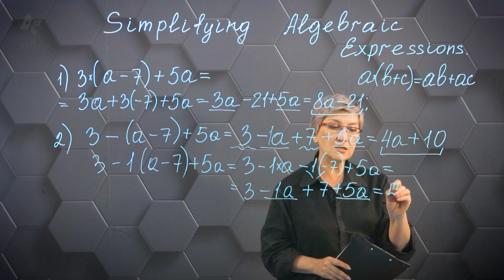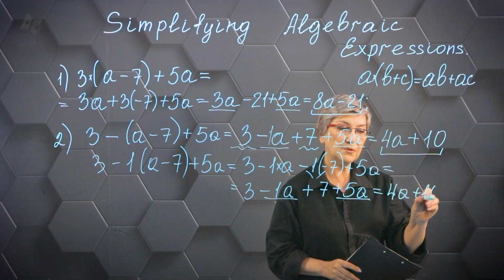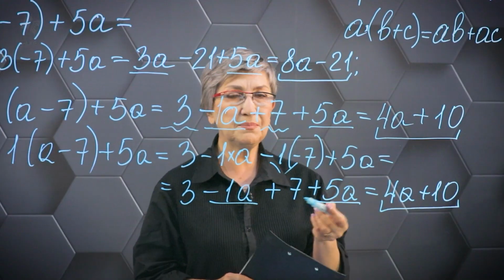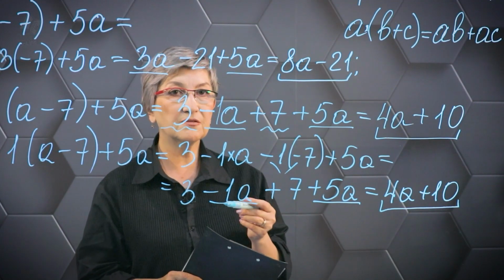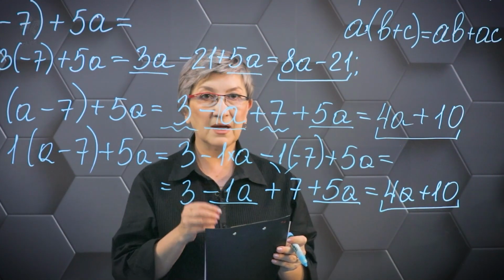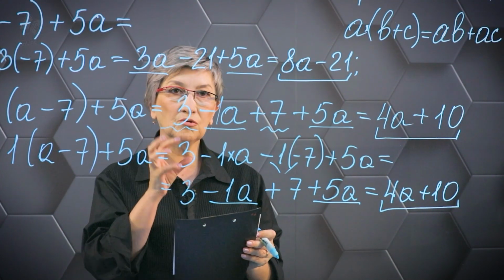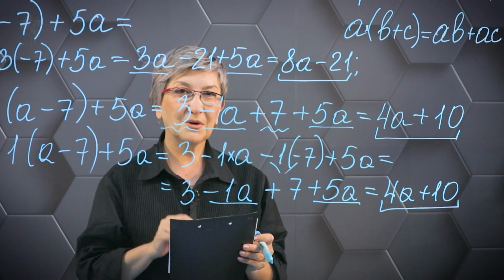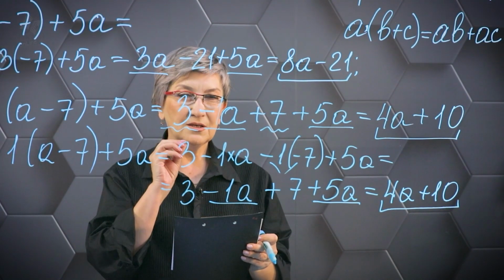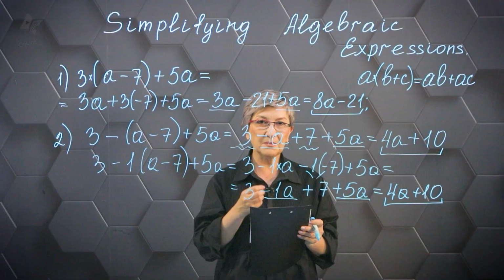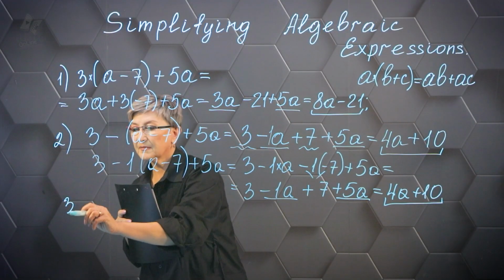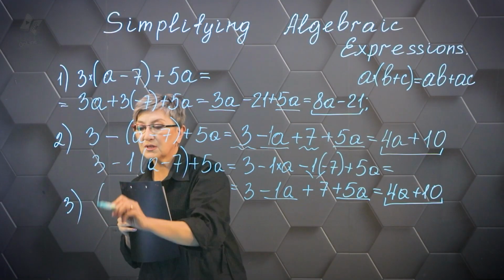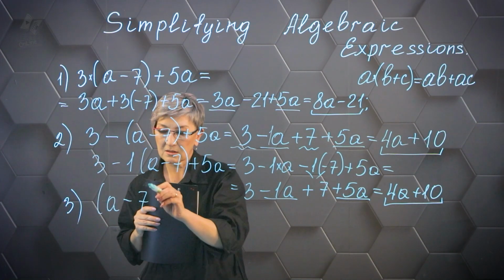The result would be 4a plus 10. When converting algebraic expressions, pay attention to the sign that stands before the parenthesis, and then already use the necessary properties. I also want to write down an example in which the number will be behind a parenthesis.